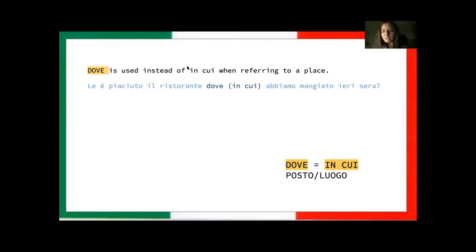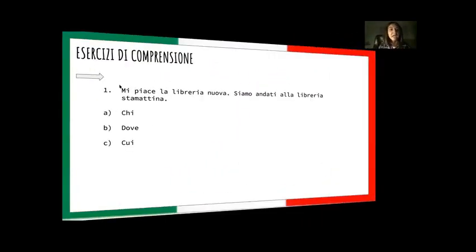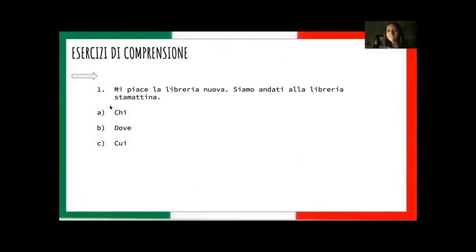All right, everybody. So as we looked at the three major relative pronouns, we're gonna now do some practice, okay? Does anybody have any question at this point? Okay, very, very good. All right, let's get started. Let's see how we're doing. So, numero uno.